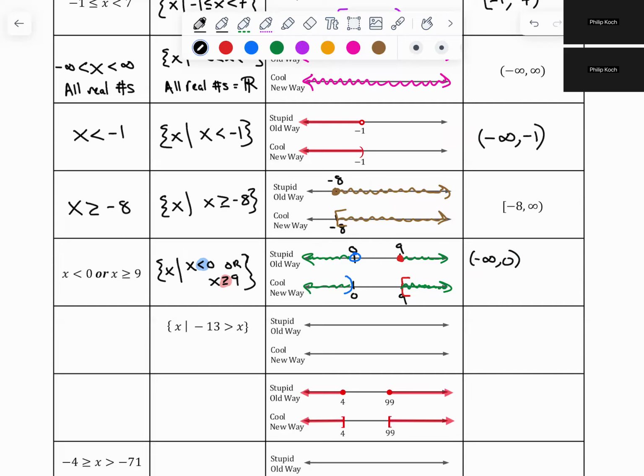And then we use this symbol, a giant U without the tail. And then we'll include 9, so we'll do a bracket 9 to positive infinity, parenthesis. This is called the union symbol.